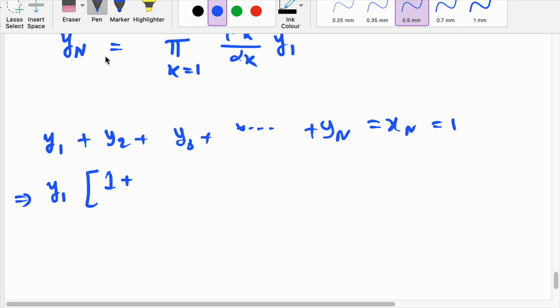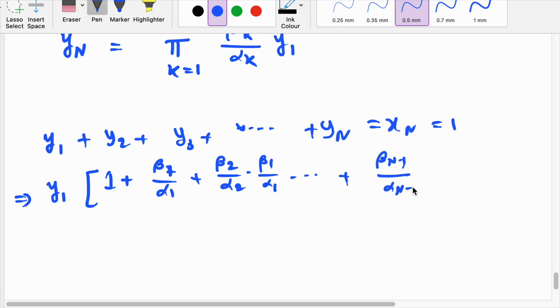Maybe I should write it in this way, which will be much simpler. Sorry, let me write it this way: beta 1 by alpha 1 plus beta 2 by alpha 2 into beta 1 by alpha 1, and so on, plus beta n minus 1 by alpha n minus 1 up to beta 1 by alpha 1, equal to 1.